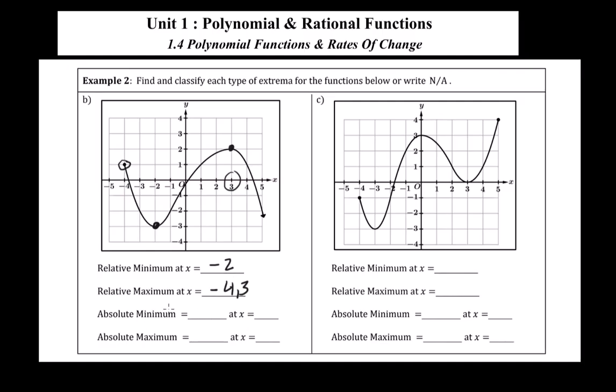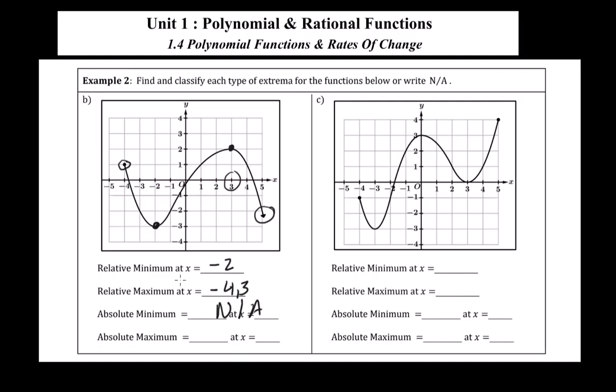Where is the absolute minimum? For the absolute minimum, we're looking for where is the least. If the graph ended on the right side, we could choose which one is the least. But as you can see, this graph is extending all the way, so there is no absolute minimum.